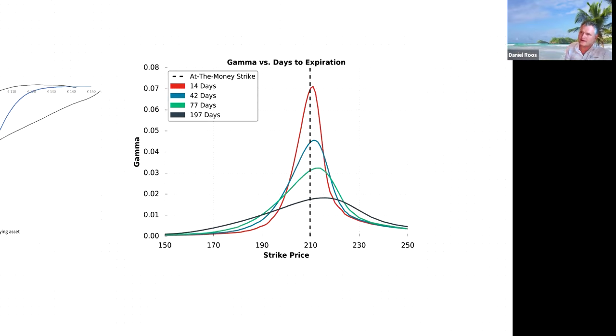So gamma defines how quickly this delta changes, right? So in the image to the left that we just talked about, what it's showing you is when that delta graph is kind of flat or has a gentle slope, there's not a lot of gamma to it. It's a smooth function. There's not a lot of predictability or embedded path in the market with respect to how that option is being hedged.